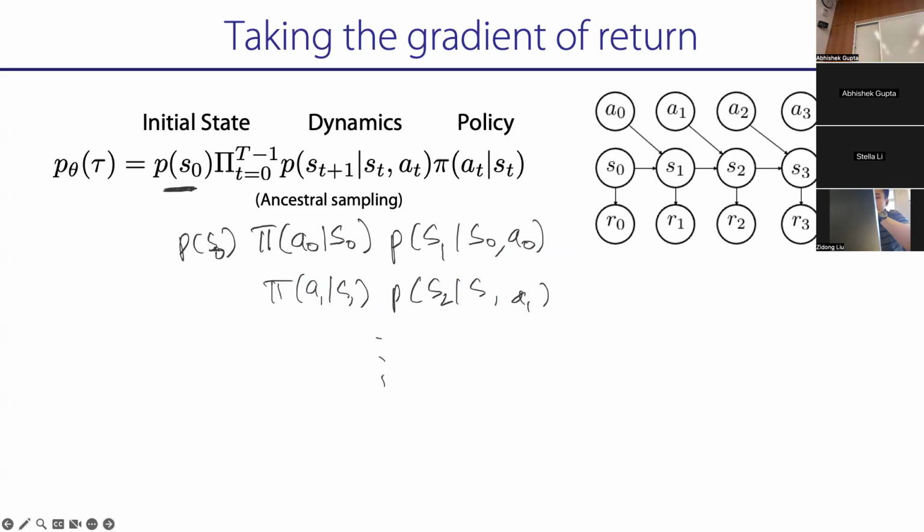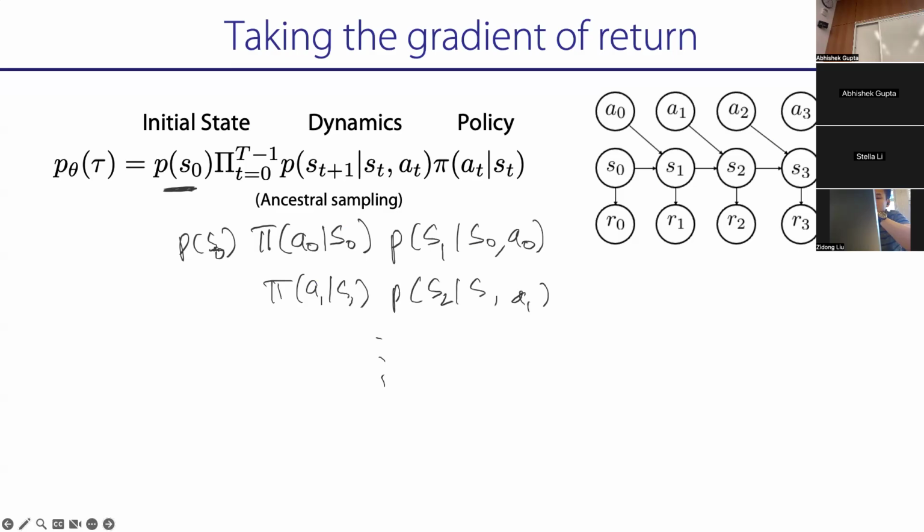The point here is that you can write this as the product of the initial state distribution times the policy times the dynamics times the policy times the dynamics, and you just repeat it over time. Given a trajectory, this is how likely it was that I sampled that trajectory. Intuitively, if I took actions that were really high likelihood, the trajectory would likely be high likelihood.